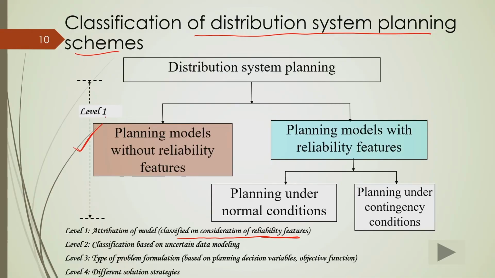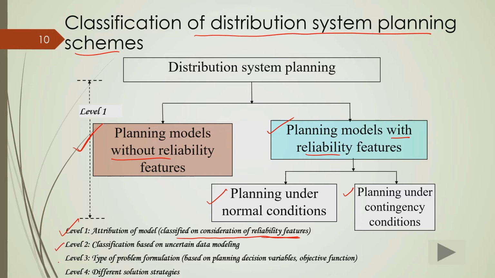The first case is planning models without reliability features, and the second case is planning models with reliability features. Under the category of planning models with reliability features, we have 2 sub areas: one is planning under normal condition, another is planning under contingency condition. So, this is our level 1 categorization based upon the attributes of reliability features.